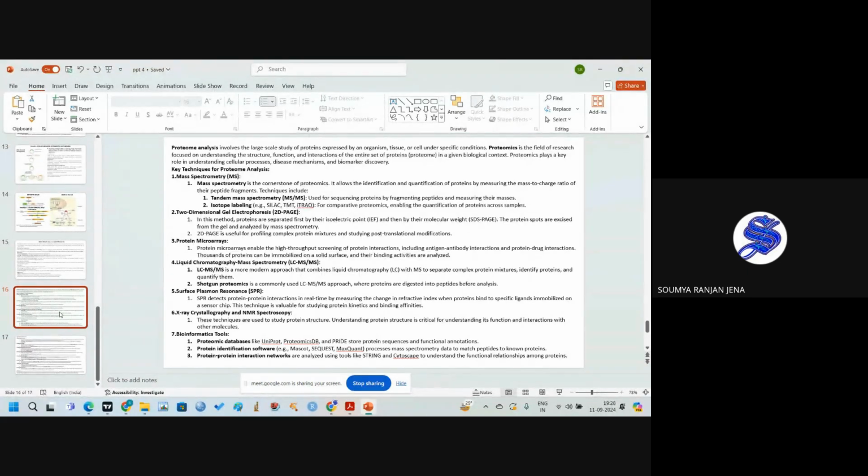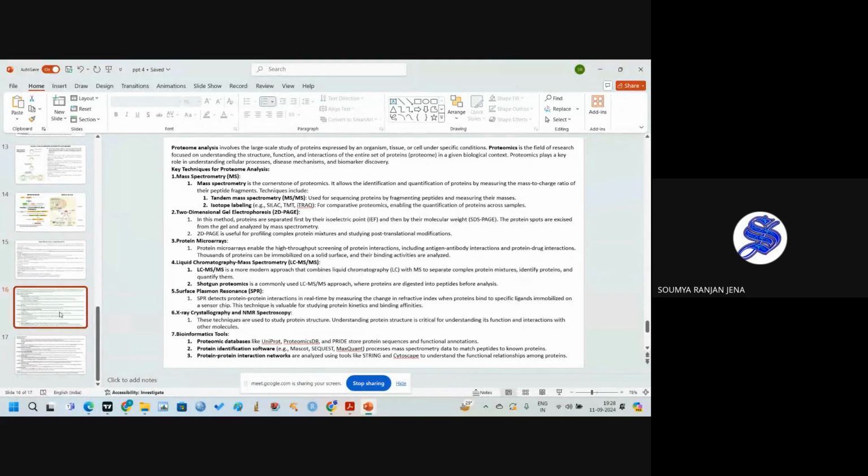Then the last one is, what are the benefits of proteome analysis? Proteome analysis involves a large-scale study of proteins expressed in an organism, tissue, or cell under specific conditions, because protein is always secreted when the cell or organism requires it.